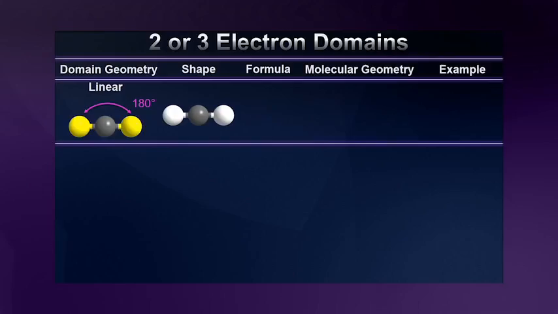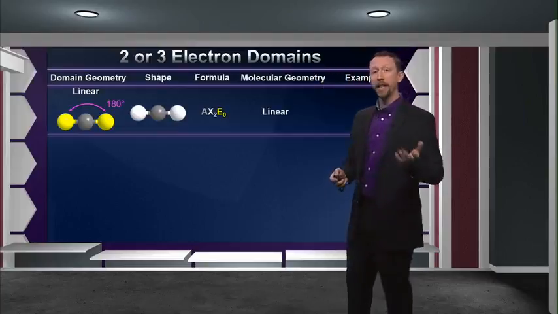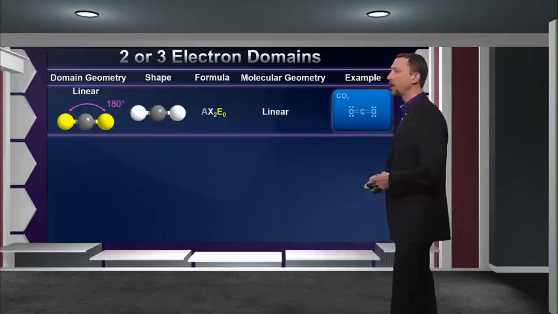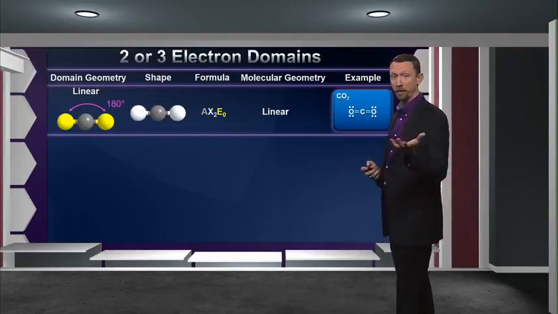This leads to a generic formula of AX2E0, where the X represents bonded atoms, the E represents lone pair electrons, and the A, of course, represents the central atom. Now, we would call this molecular geometry linear because it mirrors the linear domain geometry. And an example of a molecule like this is carbon dioxide, just like the carbon dioxide that you're inhaling and exhaling right now.